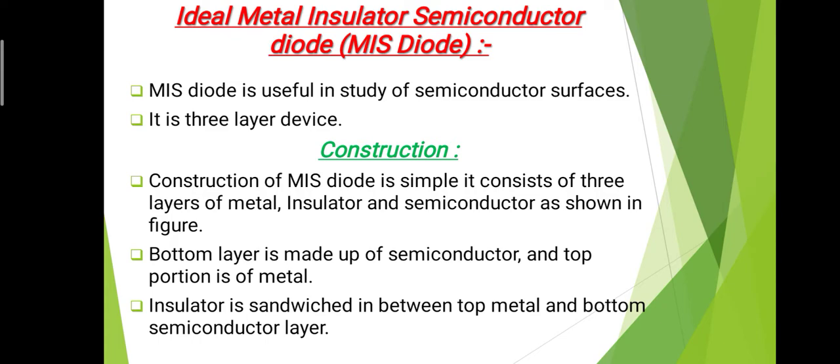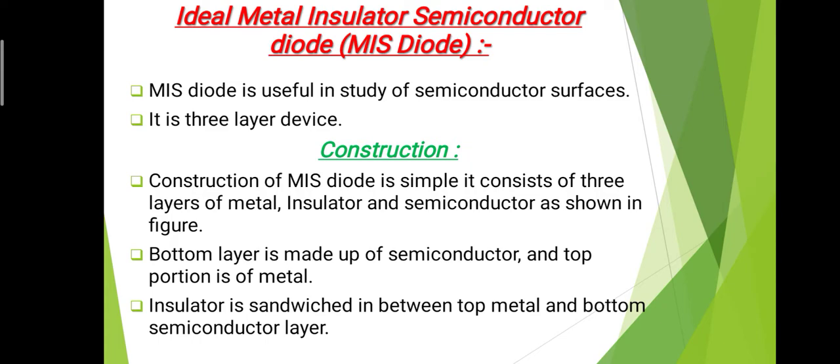That means how the semiconductor surface behaves when it is in contact with the insulator, and it is a 3-layer device. The name indicates that it is a metal insulator semiconductor diode. That means there are 3 main regions in the MIS diode, that is metal, insulator and semiconductor material.